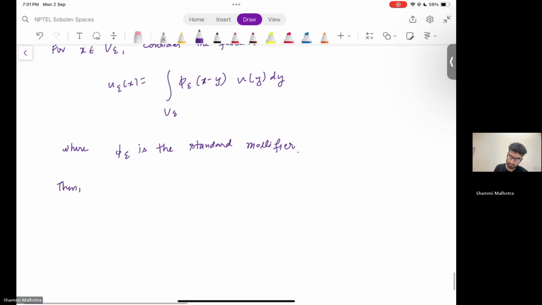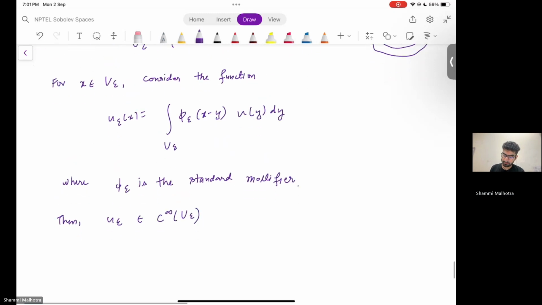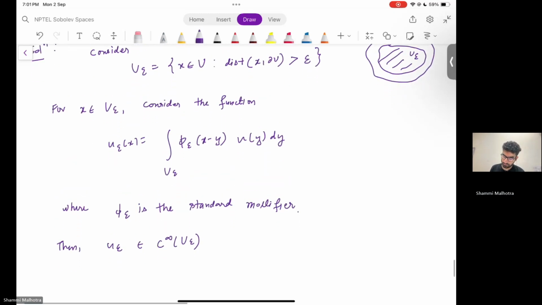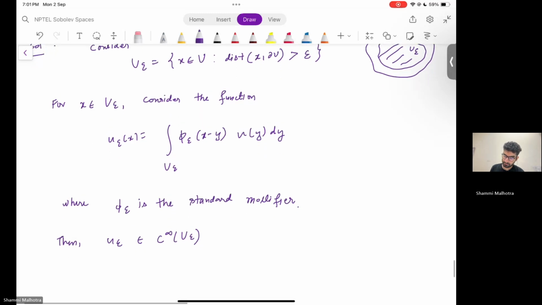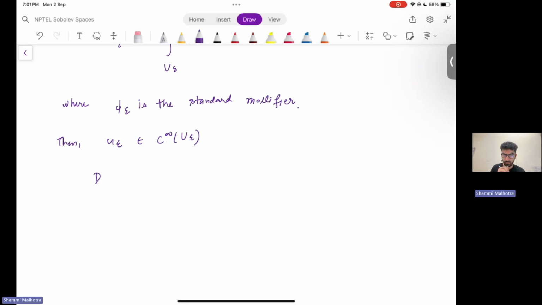And then we know that u epsilon is in C infinity of u epsilon, and since this is in C infinity, the derivative du epsilon of x is nothing but the integration of phi epsilon of x minus y times du of y dy.